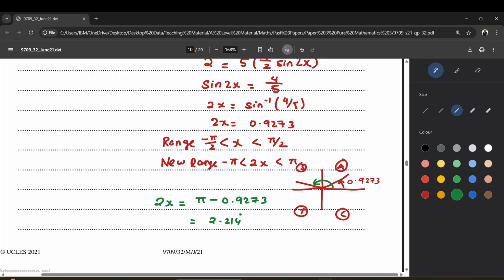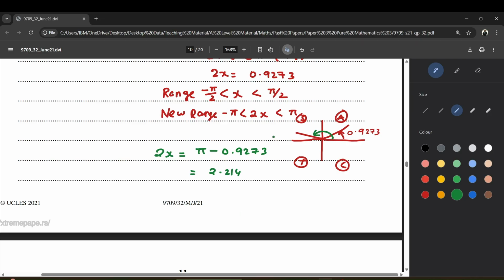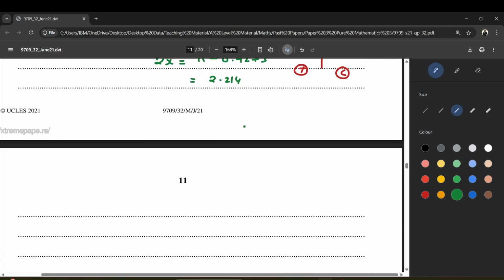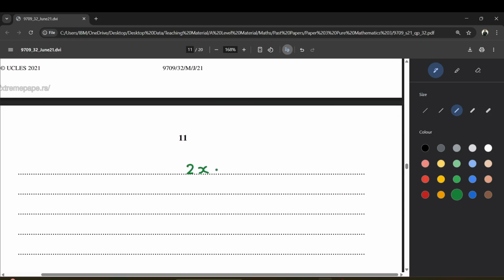Okay, so now from this part we have two solutions. We know that 2x is equal to 0.9273 and 2.214. So we can divide both sides. So we'll get 0.464 and 1.107 radians.